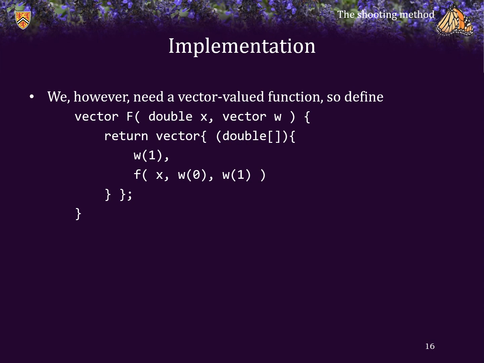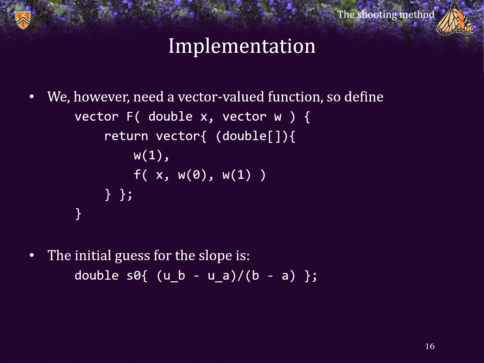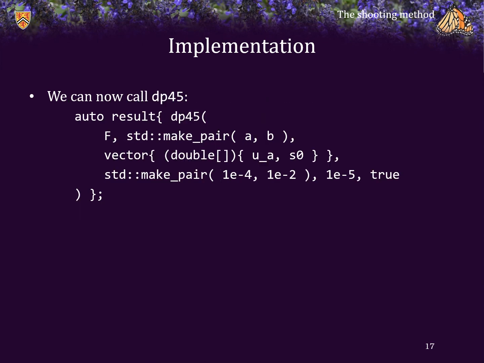The derivative of w1 is the function f evaluated at x, the value of the function w0, and its derivative w1. We can also indicate our initial guess for the slope, and that's just going to be the slope between the two endpoints of the boundary value problem, whatever that works out to be.